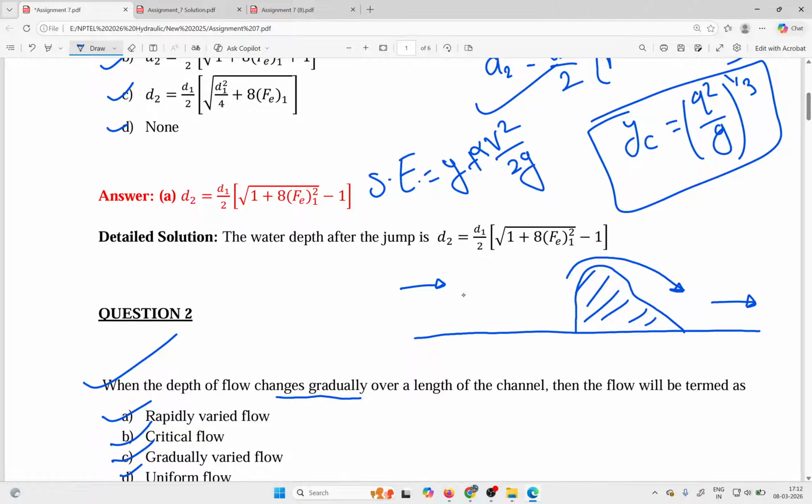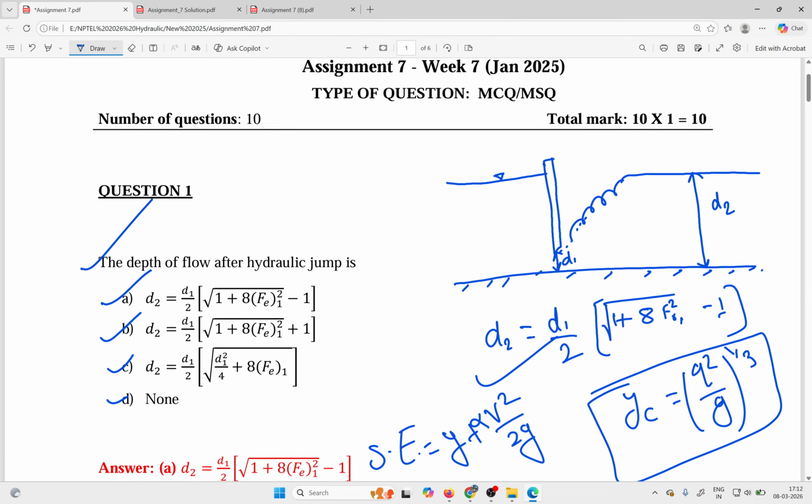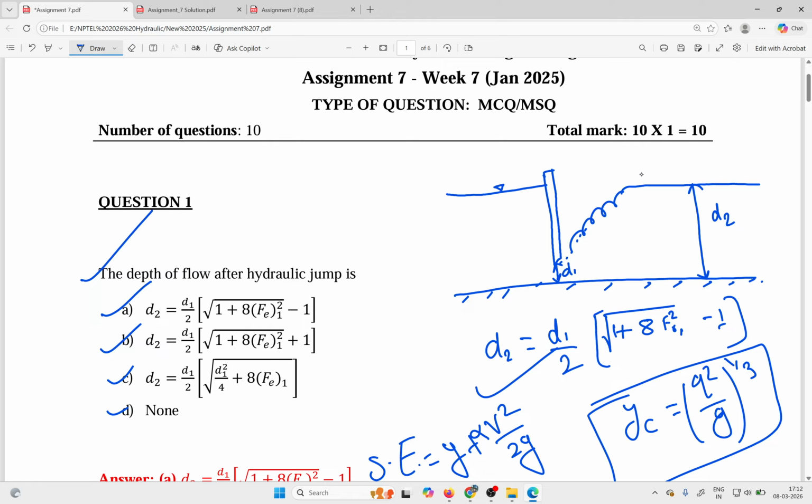What will happen if the depth goes like that, slightly increasing, slightly increasing, slightly increasing? That is gradual increase. What is rapid increase? Here you can see within a short span of length, from d1 to d2, if this is 10 centimeters, this is around 1 meter. So here you can say like that.